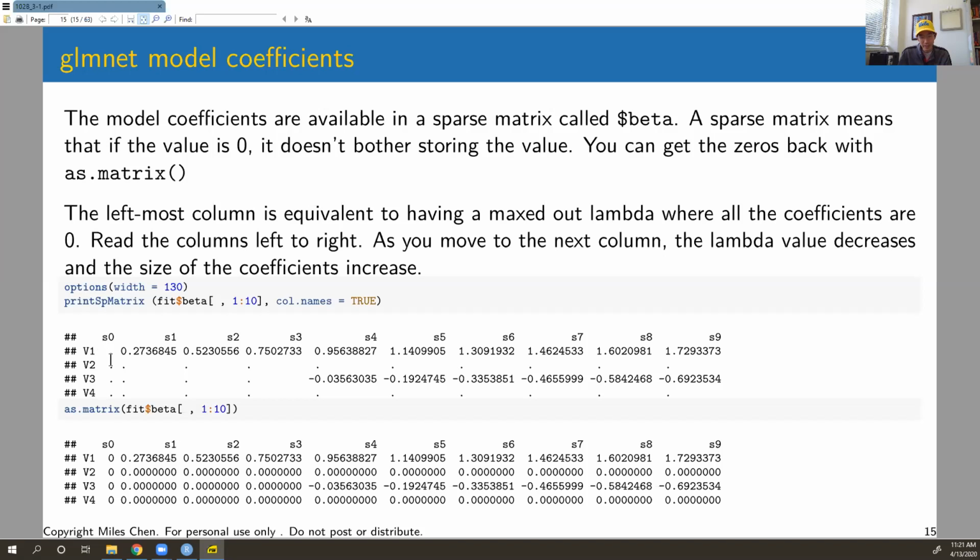A sparse matrix basically means if it's a 0, it just puts in a dot. It doesn't actually store the 0. You can get the zeros in there if you like by calling as.matrix. Otherwise, it'll call print sparse matrix. With lambda equal to the big number, that's our first model here, and all of our coefficients are 0.